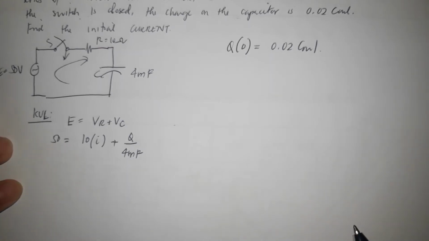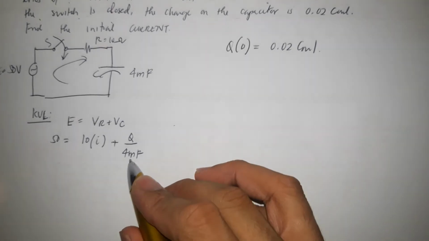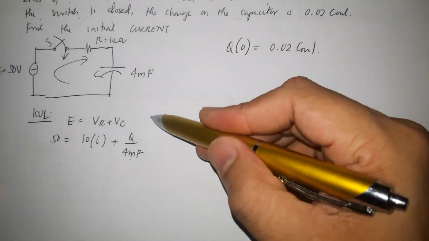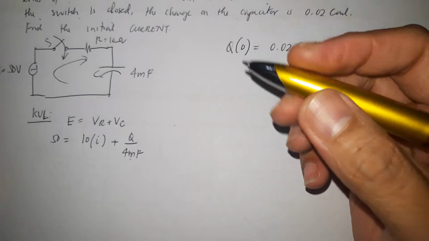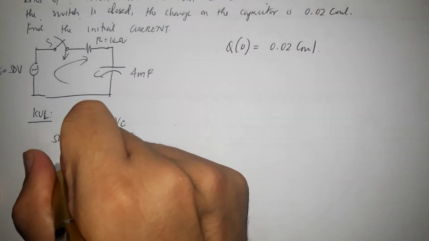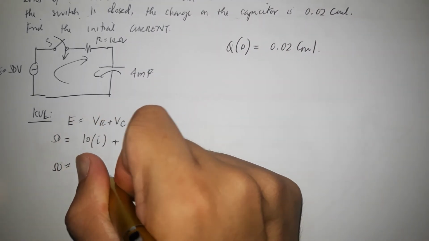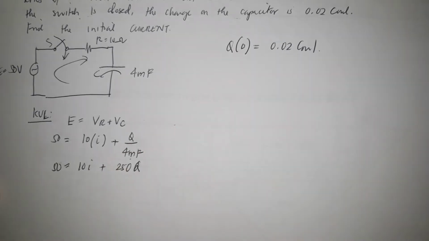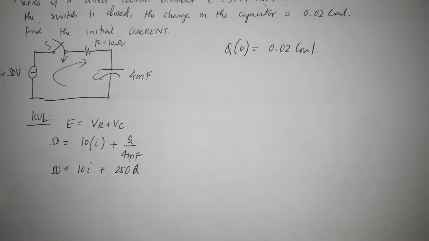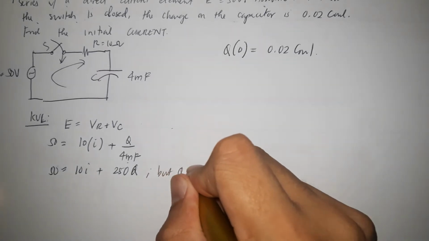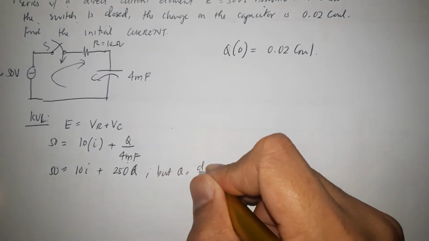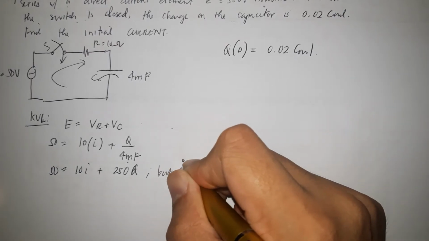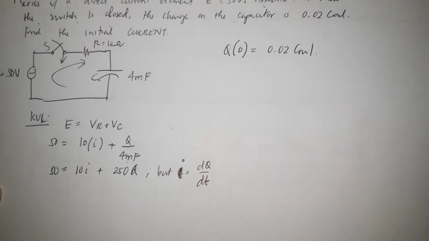So 4 milli is times 10 to the negative 3. Pag inangat natin, magiging times 10 to the third, which is 1,000 divided by 4 is 250. So 50 here is 10I plus 250Q. But then again, I is dQ/dt.